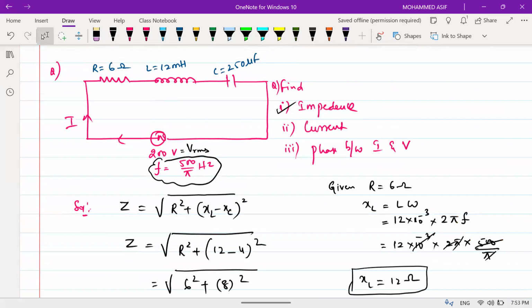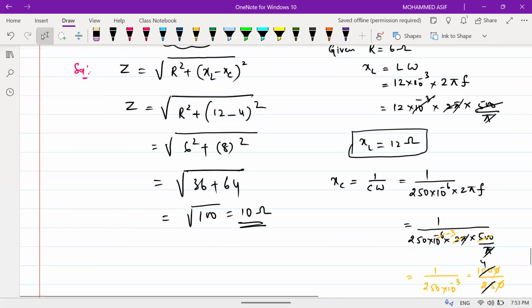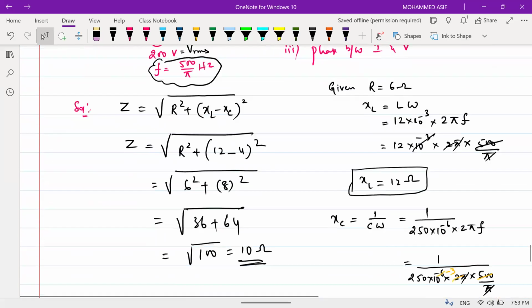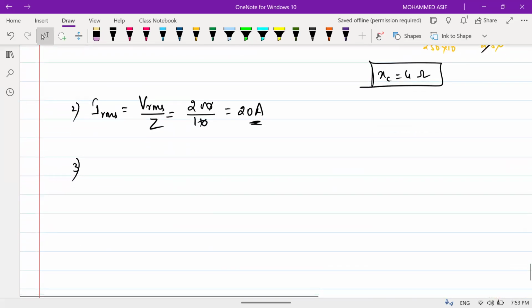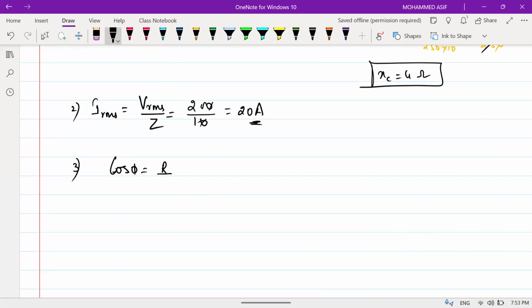So this is the IRMS current. The potential will be equal to VRMS. The next one is asking for the phase difference between I and V. Cos phi is equal to R divided by Z. The value of R is 6 and the value of impedance is 10. So this will be 3 by 5.